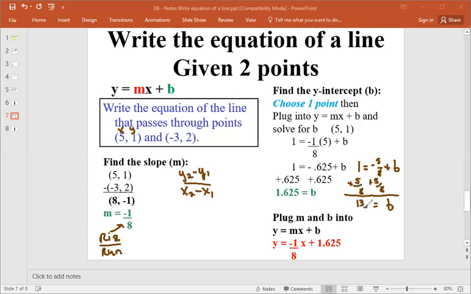So this would have been 13/8. So y equals negative 1/8 x plus 13/8. You can leave it in the decimals like this for the b value if it's giving you a problem, or you can give me the fraction form. All right, so let's go try a couple more.